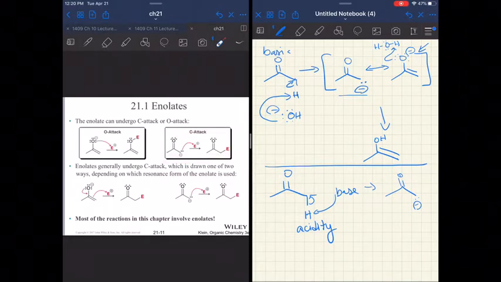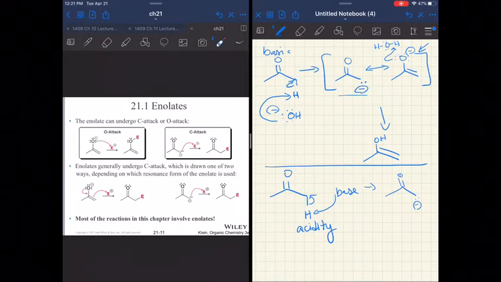And so we're actually going to see C attack most of the time, at least in this chapter. And so we're going to be able to deprotonate our enols or our ketones, and we're going to be able to add some sort of electrophile.